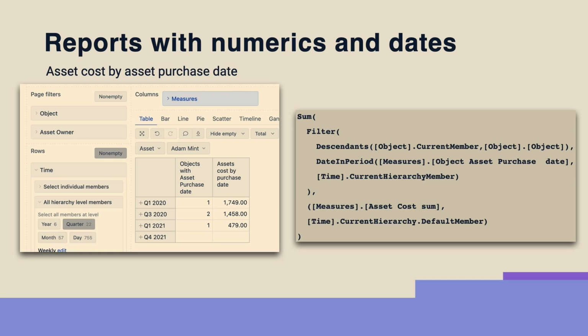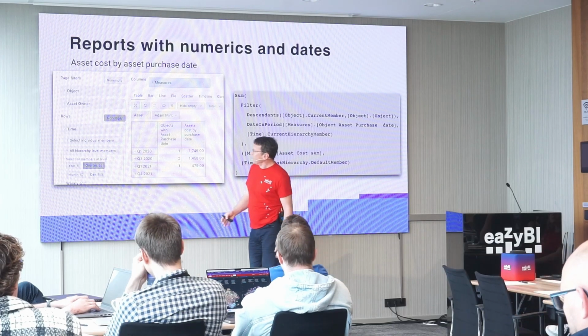Here I iterate objects and check if the date is within the selected period, and then give the total cost and ignore the time dimension for this measure. And my report looked like that.